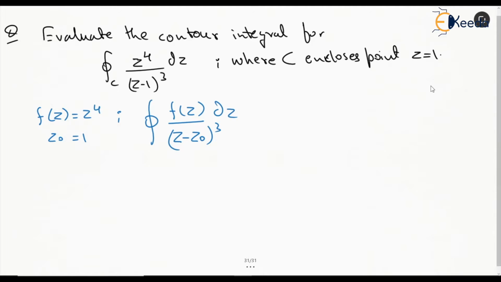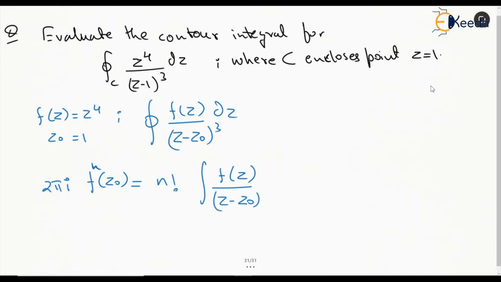we have this expression as f of z naught into 2 pi I is actually equal to n factorial into integration of f of z by (z minus z naught) to the power of n plus 1 dz.